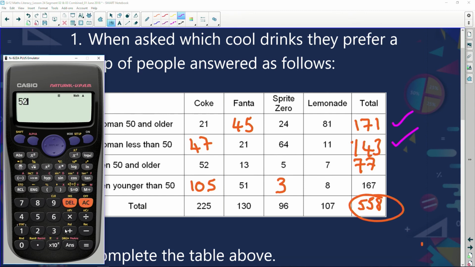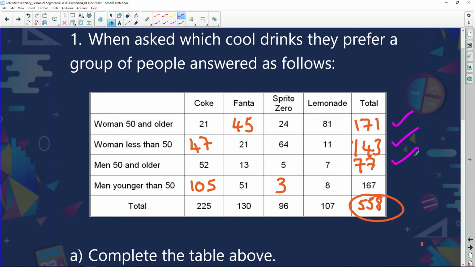There were 52 plus 13 plus 5 plus 7, and that gave me 77. Then we'd add up this column and we'd get 167. We'd add up this row and get 558. That row, 167. Now we add the columns.